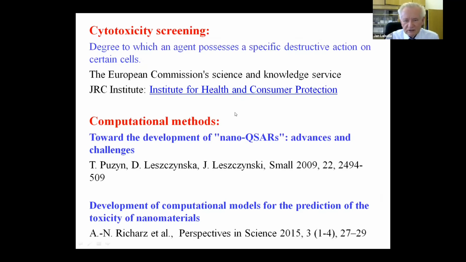For series of similar nanomaterials like nanotubes, quantum dots, etc., computational methods have been developed, for instance, by Dr. Puzyn or Richards, which are able to predict risk properties within the series of nanomaterials.